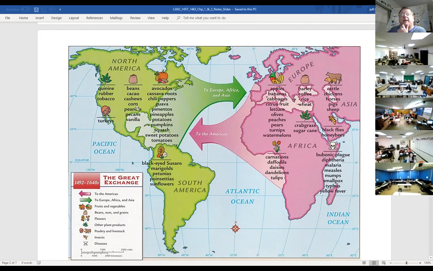It was the main crop of virtually almost all of the indigenous people. Turkeys. And there was one disease that was not in Europe that came from here, and that was syphilis. Came from the Americas to Europe.